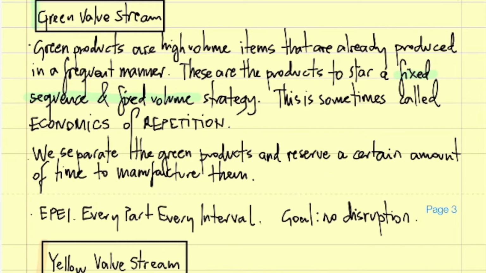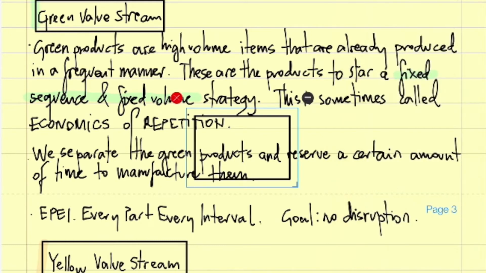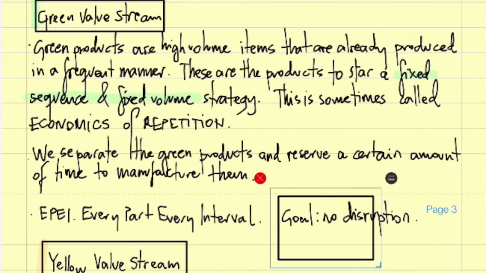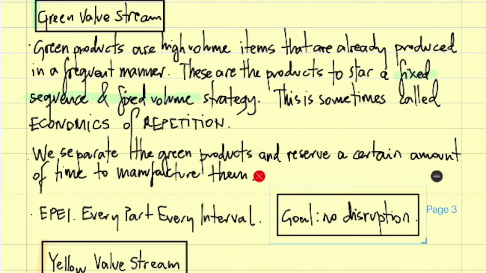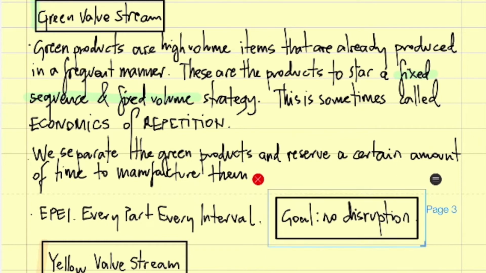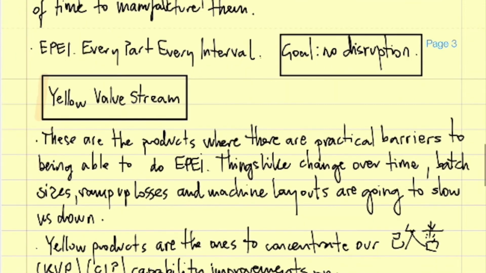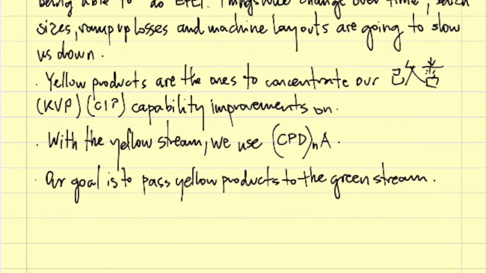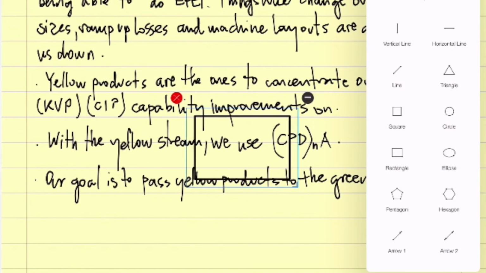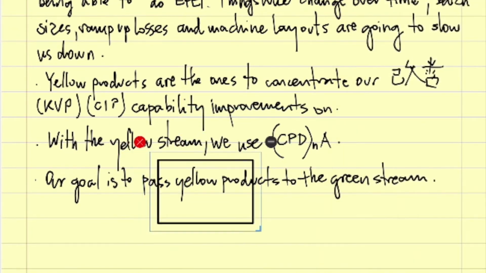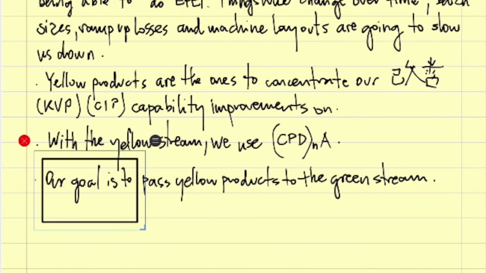The goal in the green is to have no disruption. You want things to happen like clockwork. And the goal with the yellow is to paint the yellow products green. Is that cool?